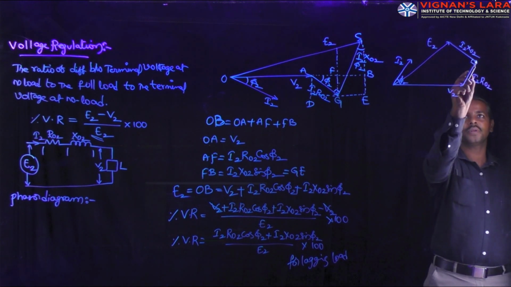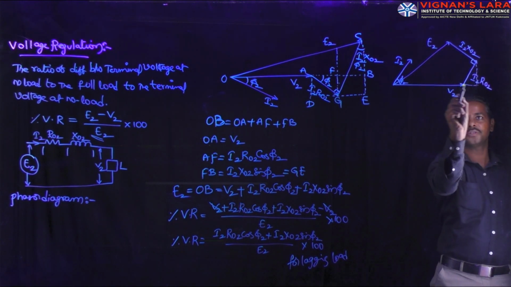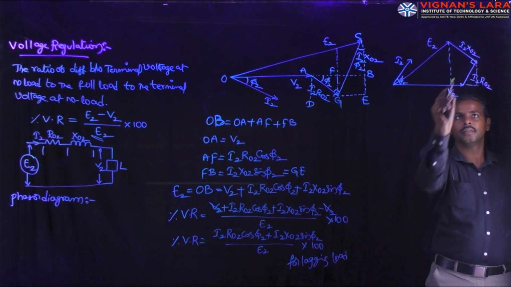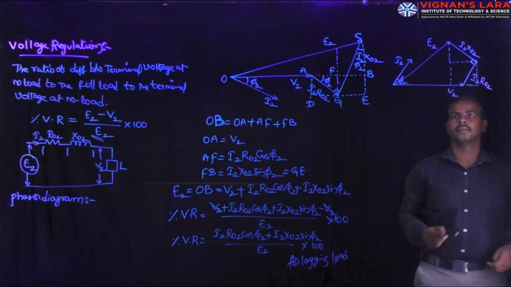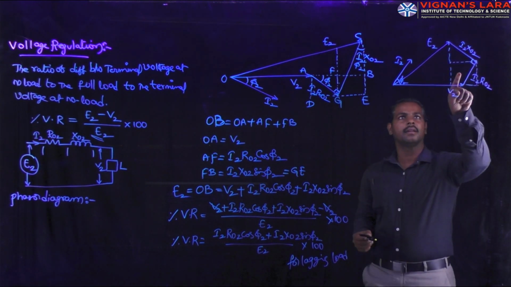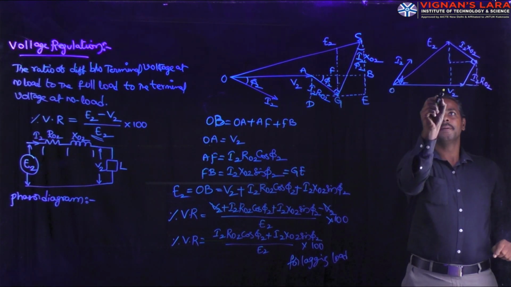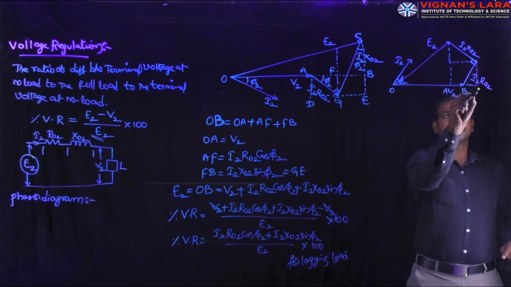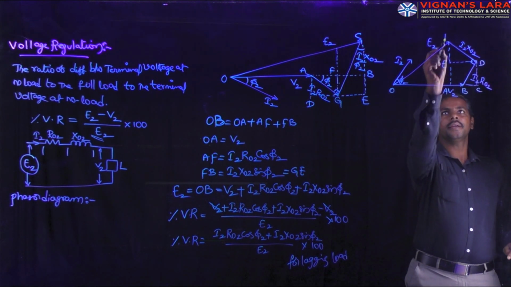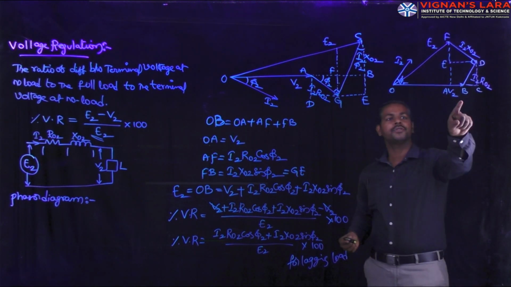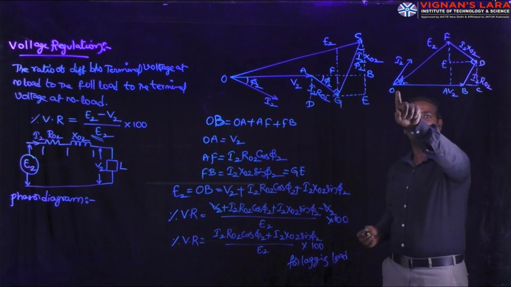In this also we can easily simplify these two triangles. Based on this triangle, we can find the E2 value, using the notations O, A, B, C, D, E, F. Based on these notations, we can find the value of OA.